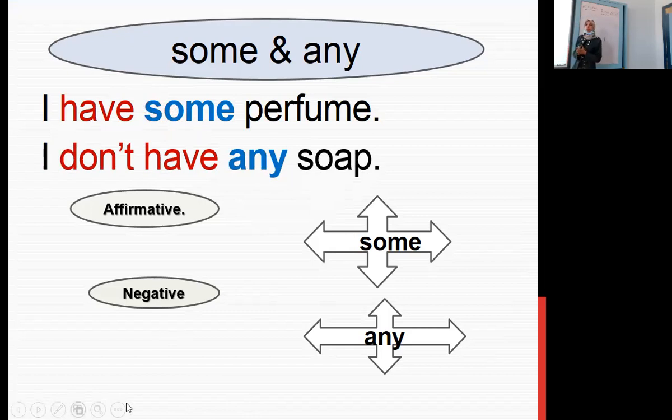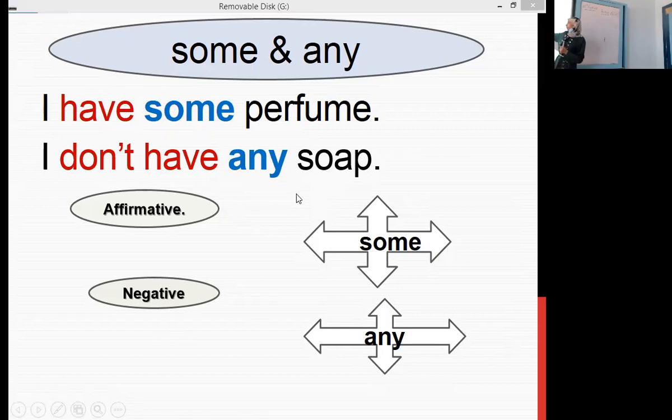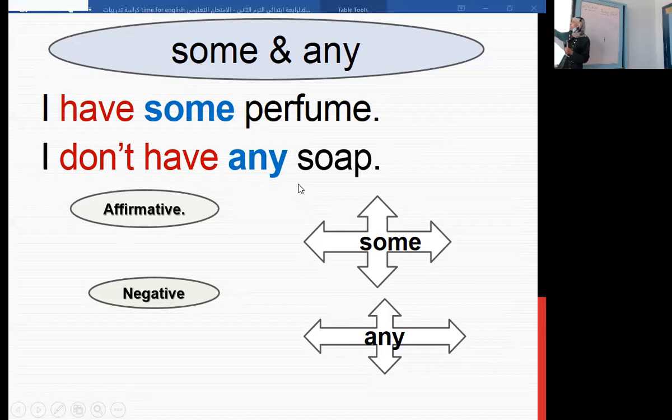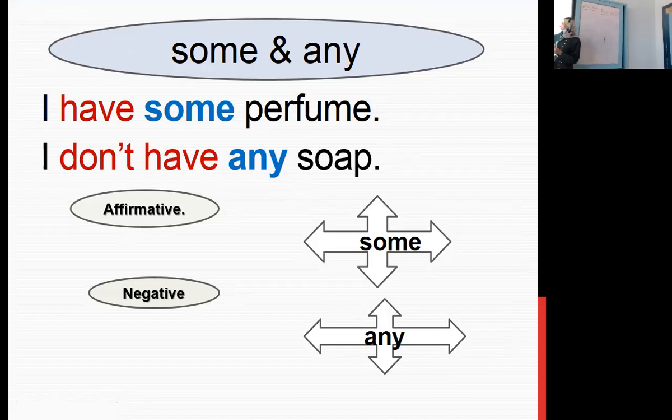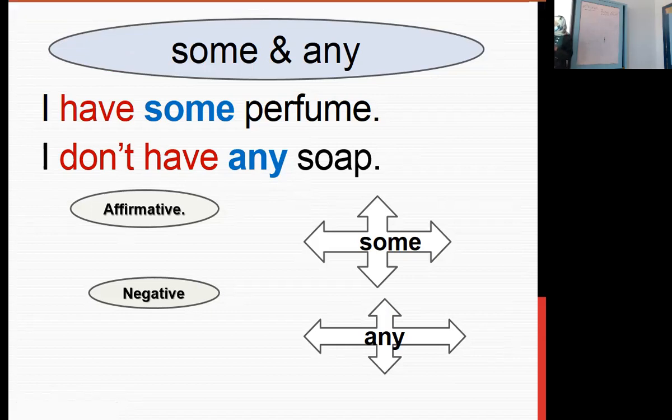So what can you notice in these two sentences? We have here something which is colored with red and blue. In the first sentence we have the verb to have and the word some. And in the second, we have also the verb to have and the word any. But in the second sentence, we have don't or do not.